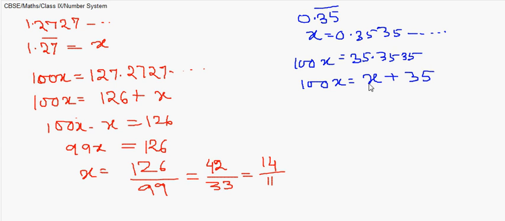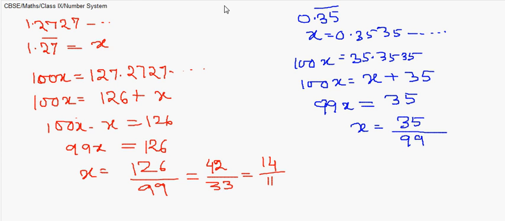I again carry x to the left side, that would make 100x minus x as 99x, and this is equal to 35. So x can now be represented as 35 by 99.